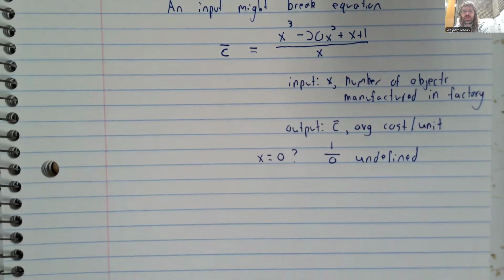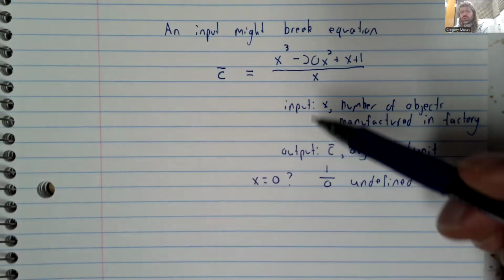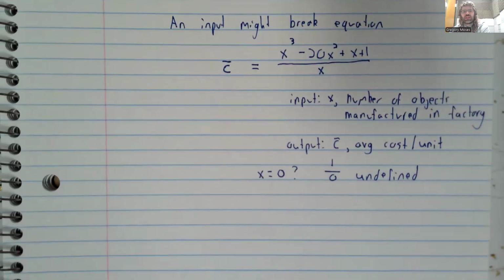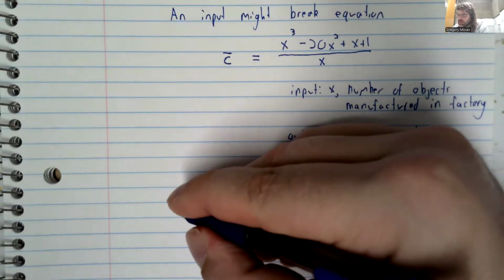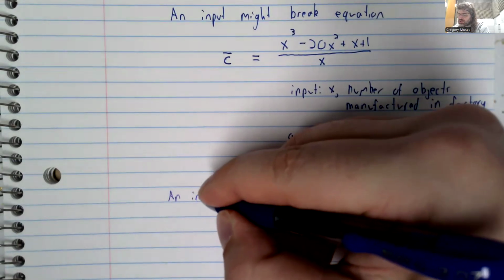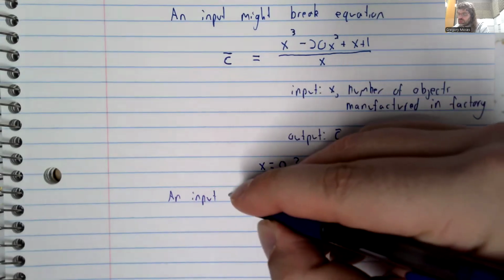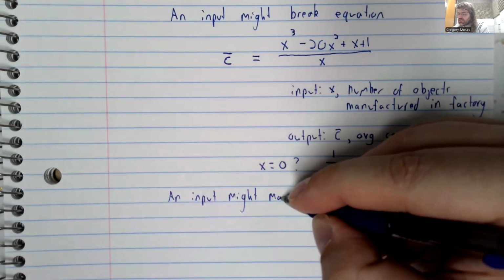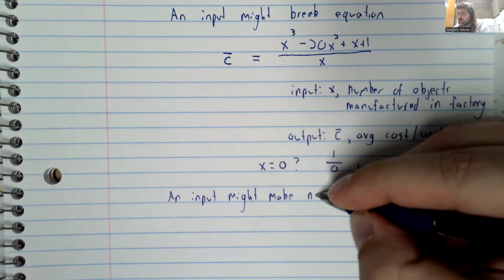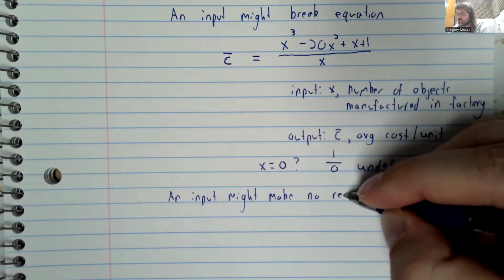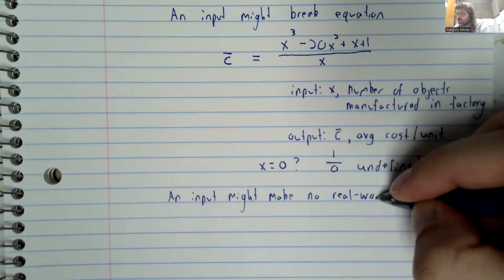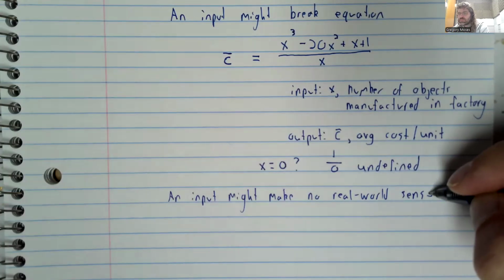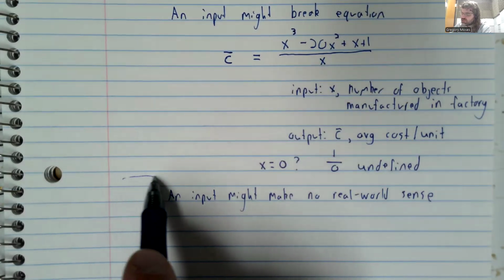But what about a second way a number could fail to be in the domain? An input might make no real world sense.